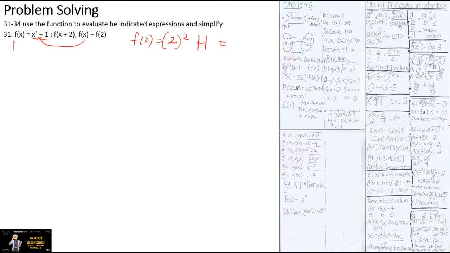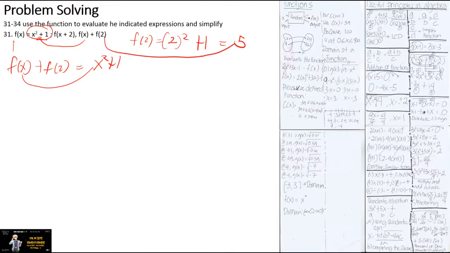So, that will be 2 times 2, that's 4 plus 1 is equals to 5. Madaling sabi, f of x plus f of 2 is equals to, i-add mo to, ito kasi yan. Tapos, ito naman, ito. Yan. So, siyempre, combine similar terms, constant lang naman ang may similarity dito. So, that will be x squared plus 1 plus 5, plus 6.